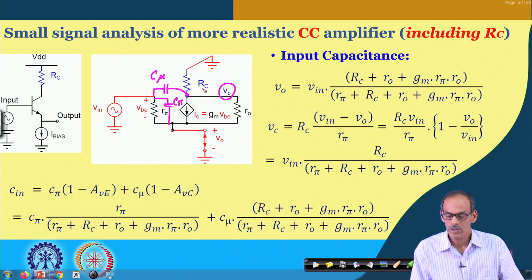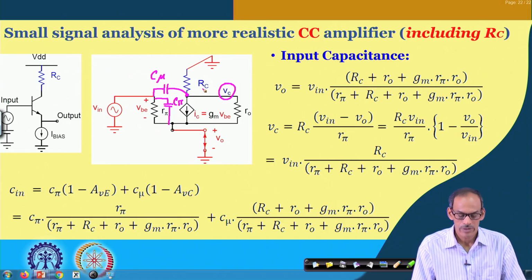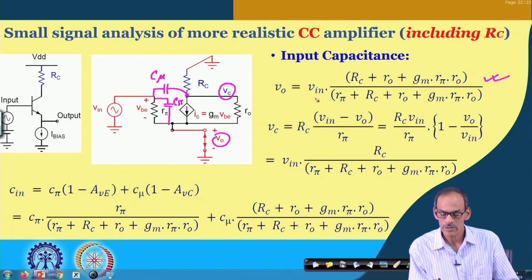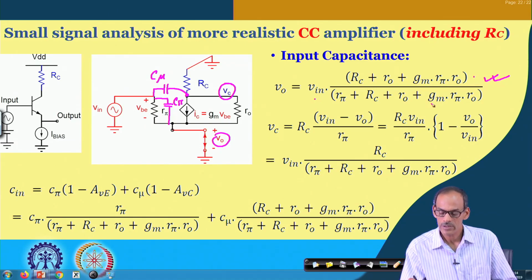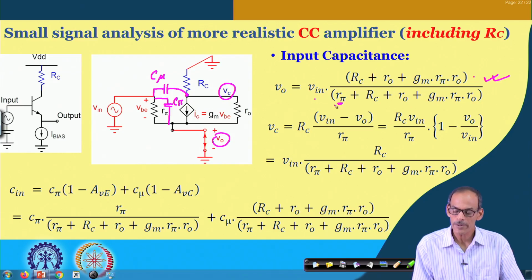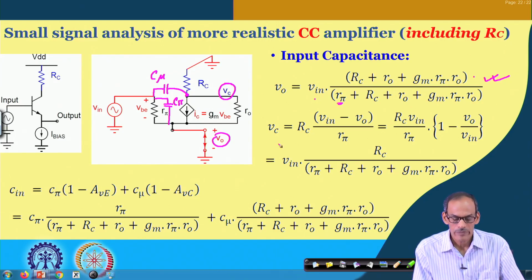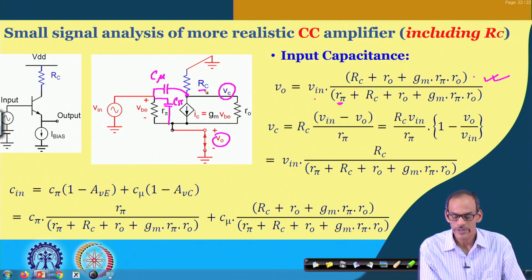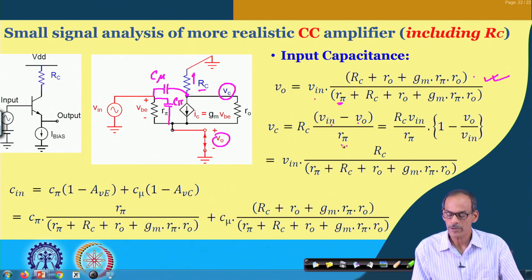Now, we may recall that for the voltage at the output node V O, we already have this expression of V O in terms of V in, having this factor. So, the numerator is smaller than the denominator by this R pi. And the expression of V C is R C multiplied by whatever current is flowing, and that is V in minus V O divided by R pi, that we have discussed before.